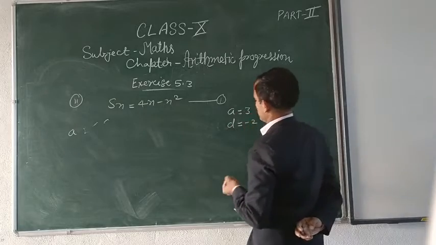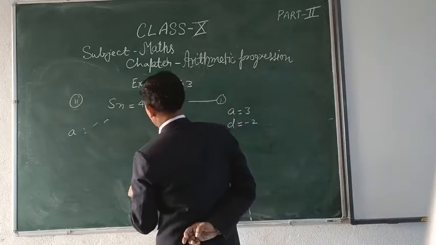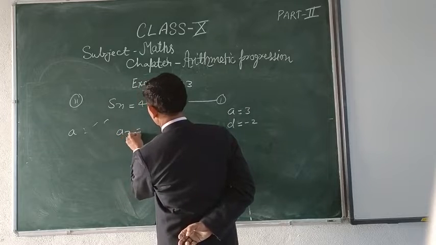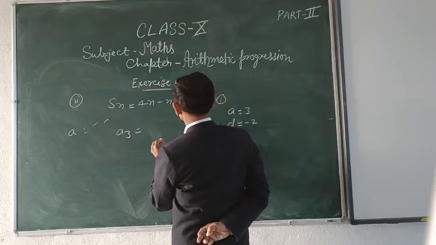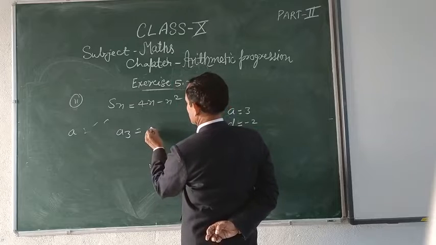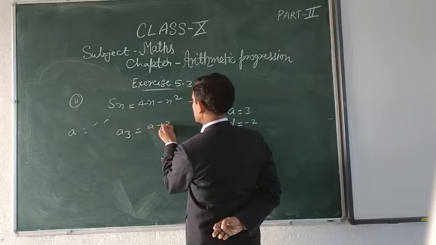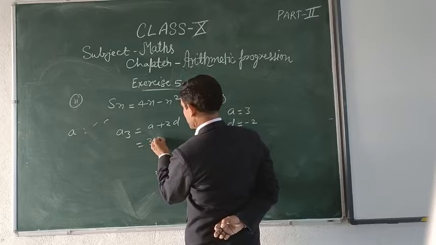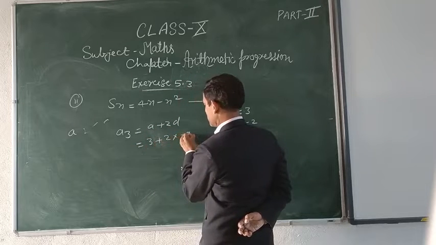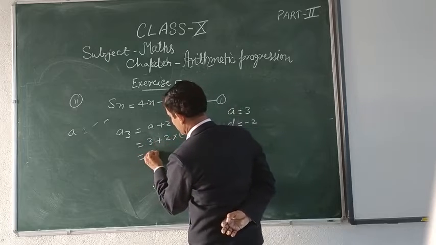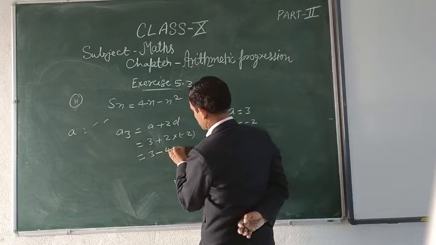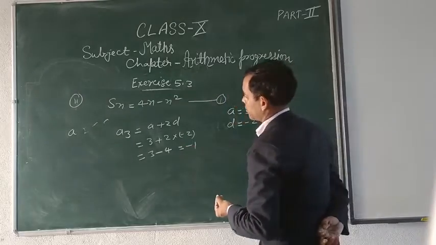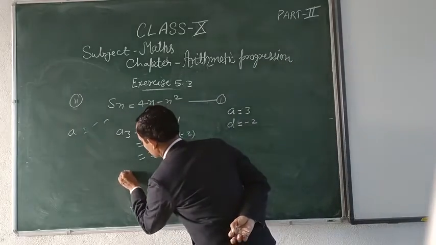So we are able to find the third term. a3 we have to find. a3 means a plus 2d. Okay, a is given 3 plus 2 into minus 2, then it will be 3 minus 4, that means minus 1. Okay, this is our third term.